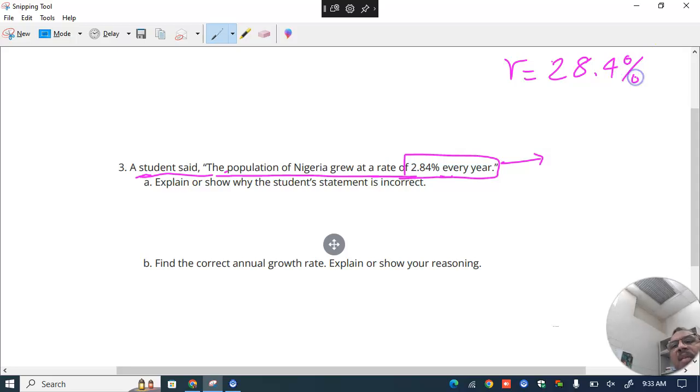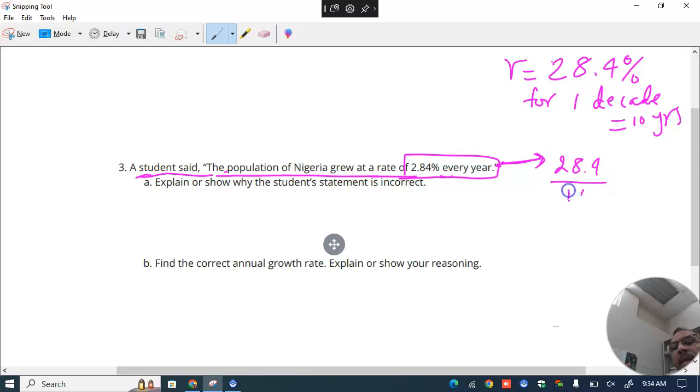This is for 1 decade, and 1 decade is 10 years. What he does is he divides 28.4 by 10, because he wants to know the increase in a year, and that's how he gets 2.84.